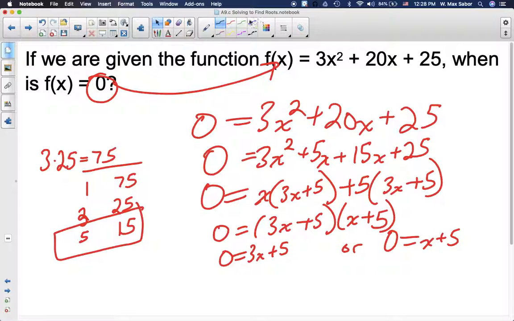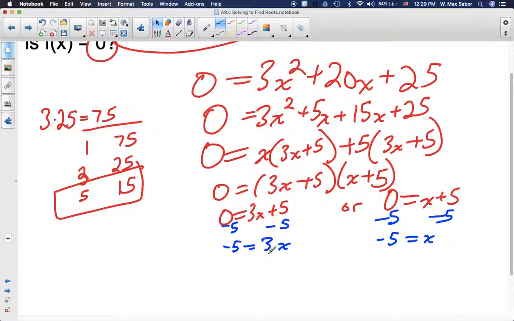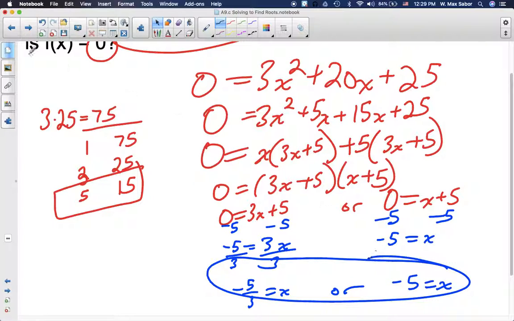Solving those two equations, both of them require subtracting 5. And the first one gives us negative 5 equals 3x. The other one is already solved, negative 5 equals x. So we still have one more step to do here, divide by 3. So negative 5/3 equals x, or negative 5 equals x. So those are our two solutions.